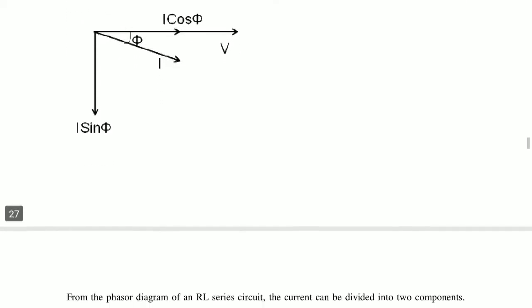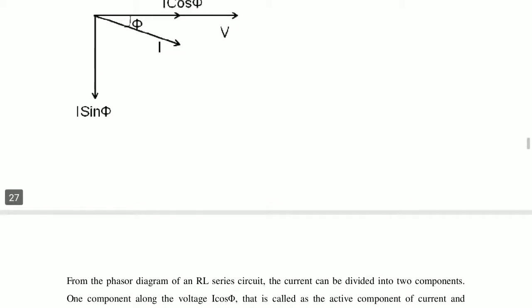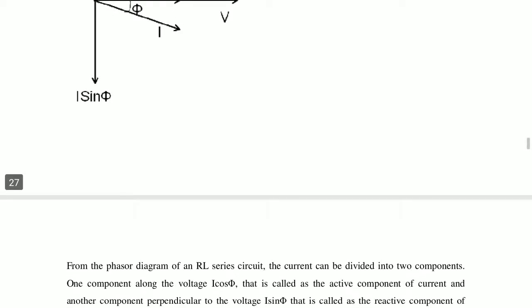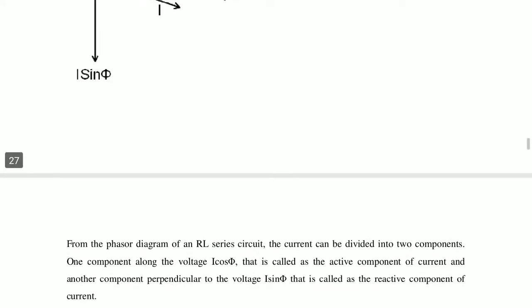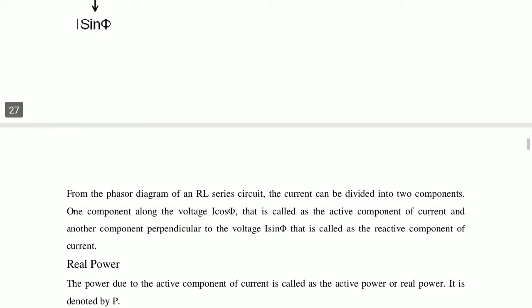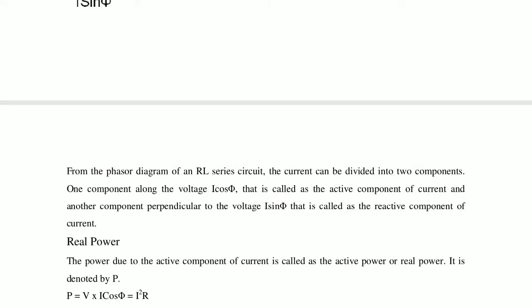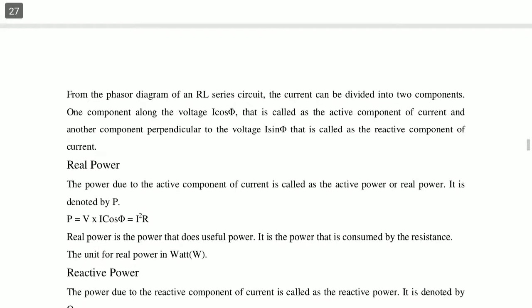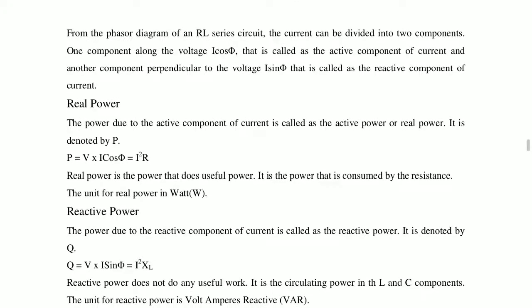Now from the phasor diagram of an RL series circuit, current can be divided into two components. One is I cos phi along with the voltage, that is called the active component of current. Another is the component perpendicular to the voltage, I sin phi, that is called the reactive component of current. Now go for real power.